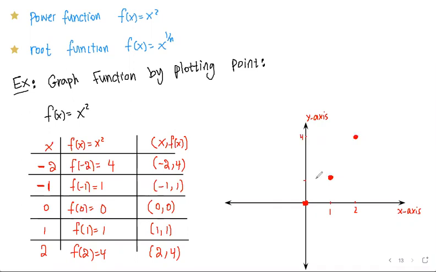And negative 1 and 1. So here negative 1, and 1 here. And negative 2 and 4. So negative 2 here, and 4 here. So the graph for this function will look something like that.